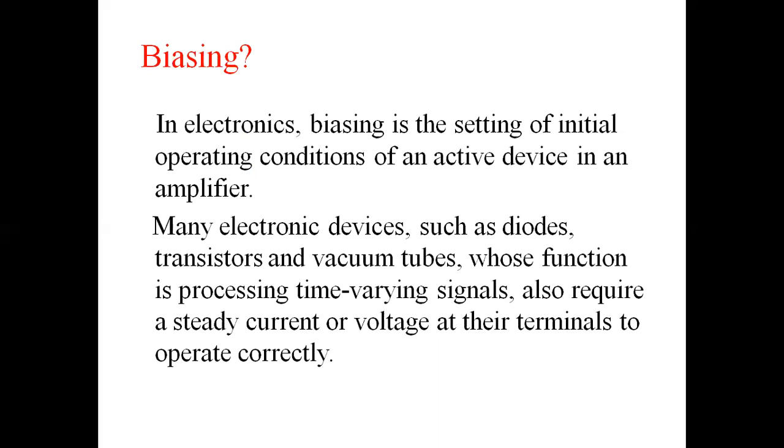Many electronic devices such as diodes, transistors, and vacuum tubes, whose function is processing time-varying signals, also require a steady current or voltage at their terminals to operate correctly. So biasing is nothing but the connection of an external voltage supply, which sets the initial operating conditions of active devices like diodes or transistors.